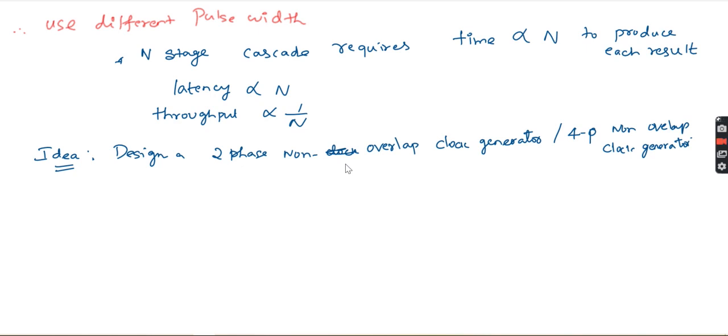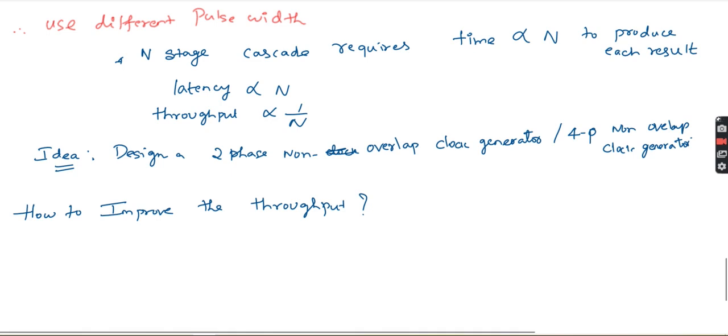So how can we improve the throughput of the system? What is the solution?